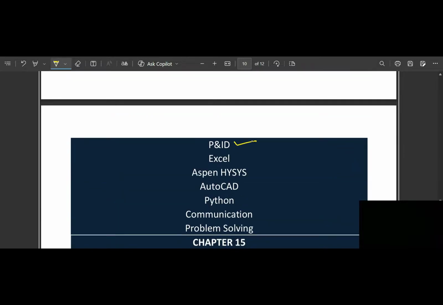You should know how to read P&ID, and how to make your own Excel sheet to design or calculate. Then you should know Aspen HYSYS, AutoCAD, Python, communication, and a problem-solving attitude.